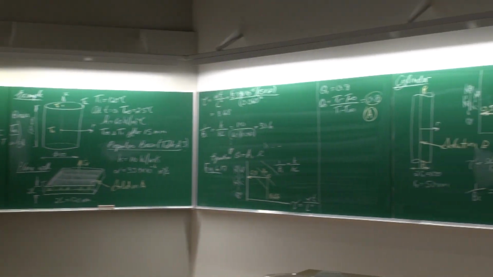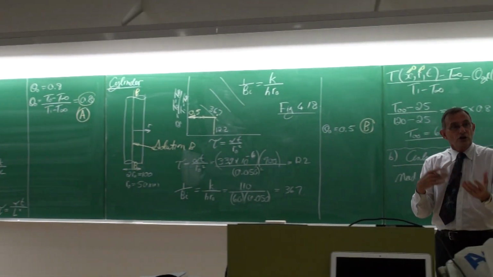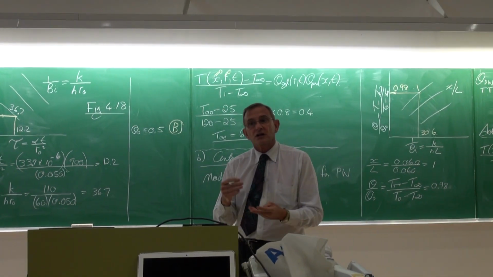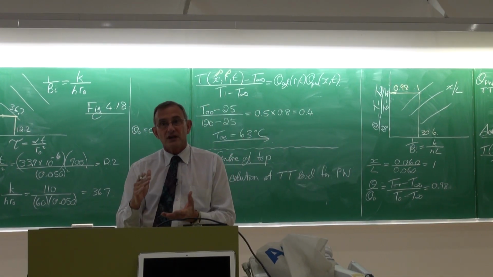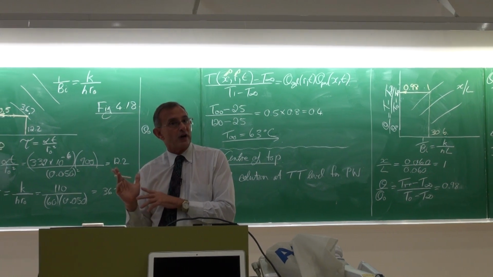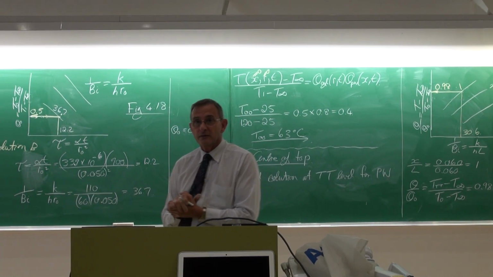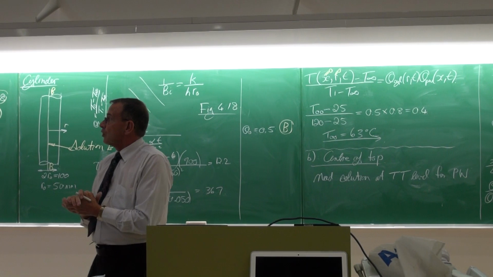So by using the short cylinder approach, you can include the heat transfer in a second direction. It would be more accurate than the solution that we did previously for the long cylinder.